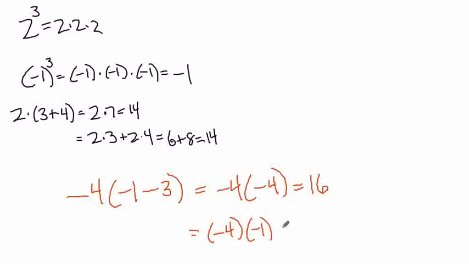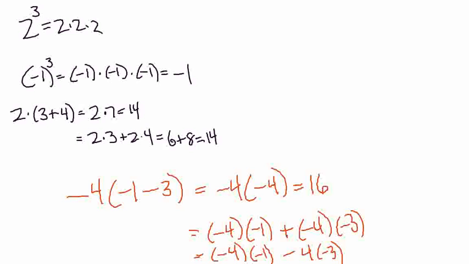I will do plus minus 4 times minus 3. What I was saying in words was that you also could do minus 4 times minus 1, and then do minus 4 times minus 3.